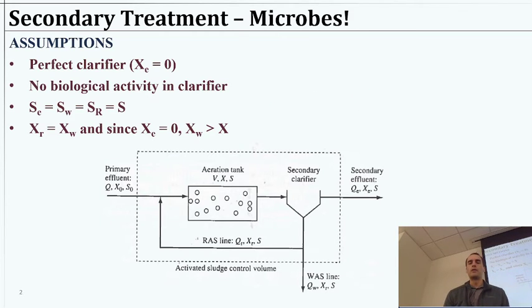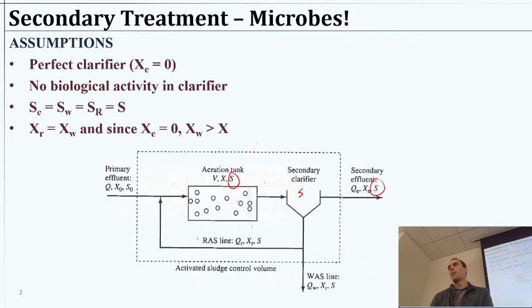I mentioned the XW, all of that. The same applies for the substrate concentration. S is going to be the S here. Well, actually, there's going to be a little more to it. So if we take a look at the substrate balance, the S in the tank is the same S that's going to be in the clarifier, which means that's the same S that's going to be here in the effluent, and the same S because this is just dissolved stuff, right?